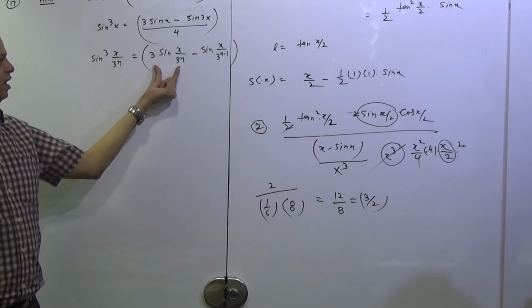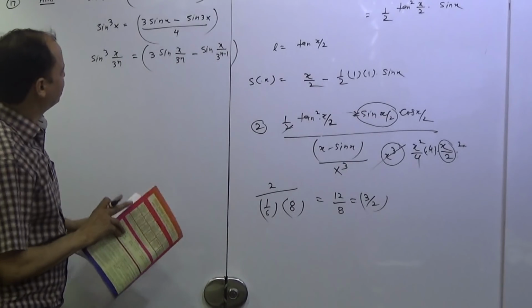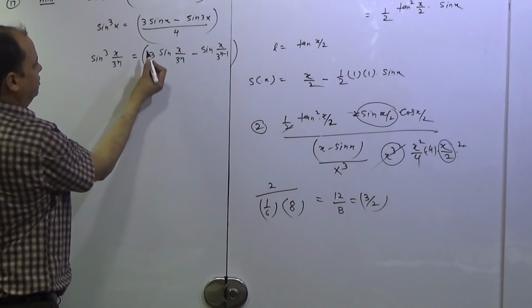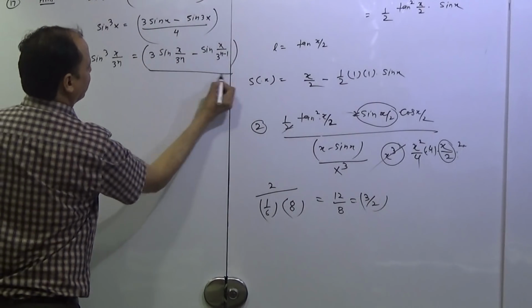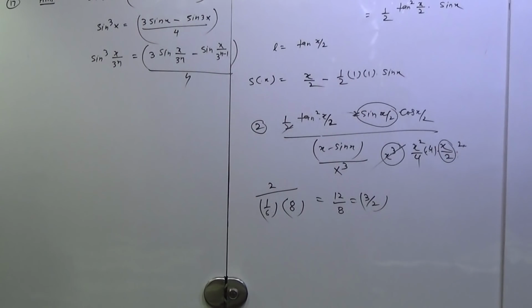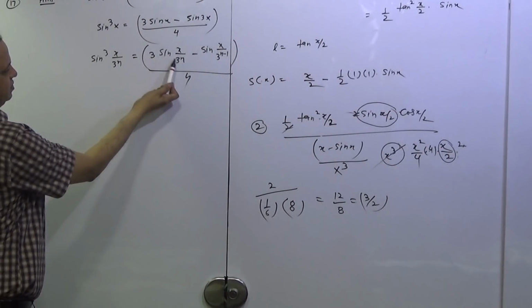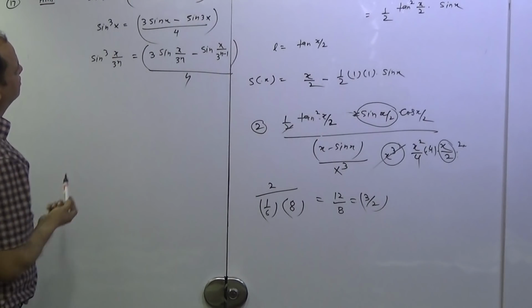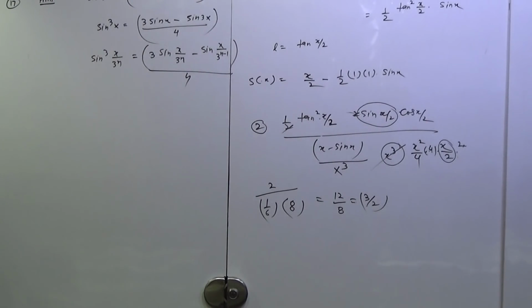If this is Tn, are we missing 3? No, we are not. This is 3 sin divided by 4 we are missing. You just look at this. If I write it Tn, but this 3 is coming out to be extra. No, we are not missing anything.